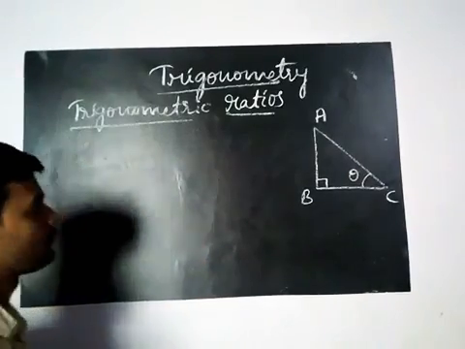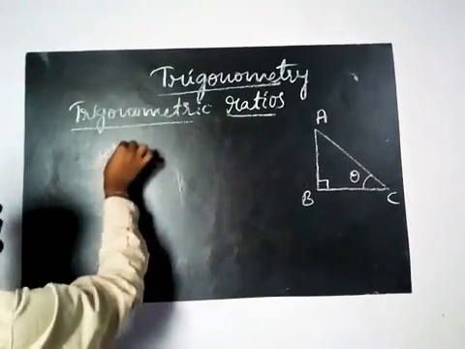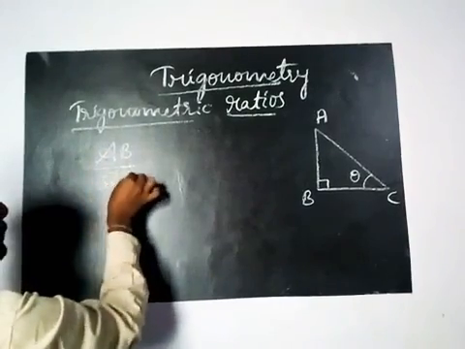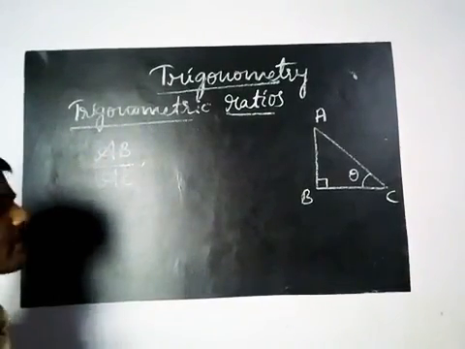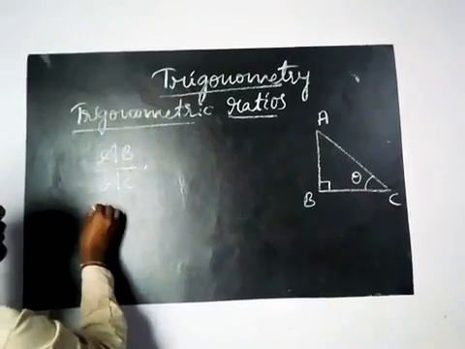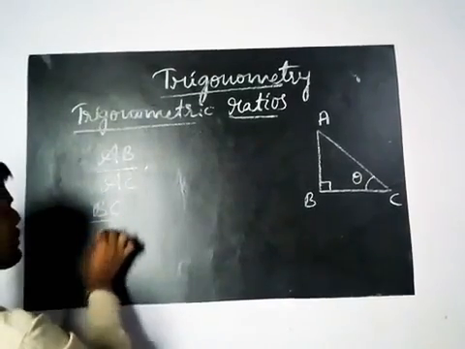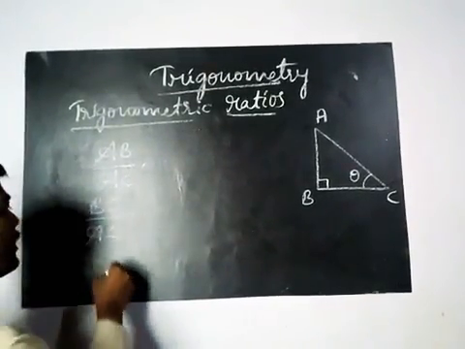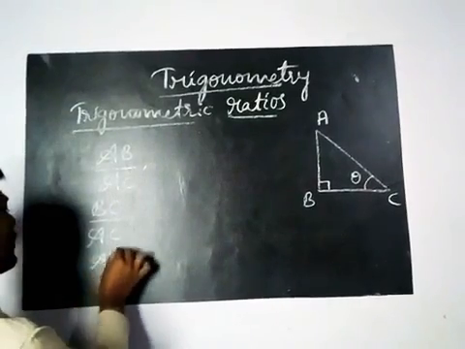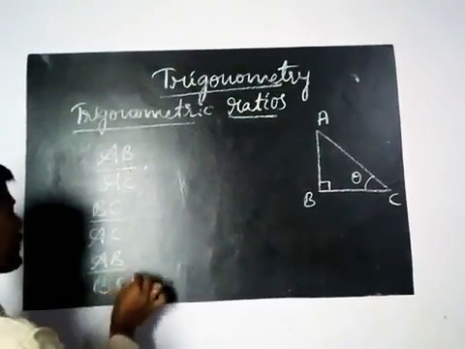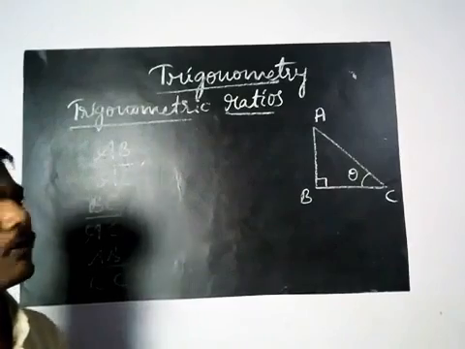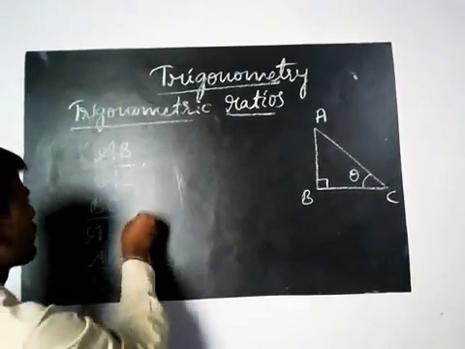Let's write AB by AC is one of the ratios. BC by AC is one of the ratios, and next AB by BC is one more ratio. Now take reciprocals of these ratios.